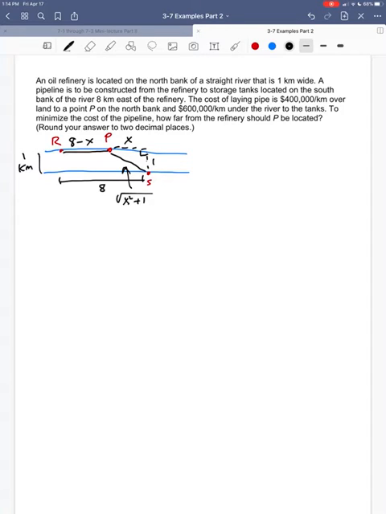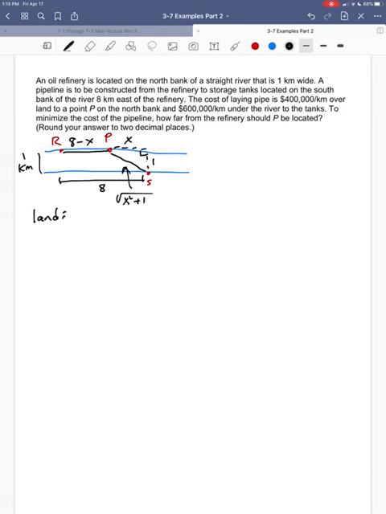So for my cost, the cost over land, well, first of all, it's $400,000 per kilometer. I'm just going to measure in hundreds of thousands of dollars, so I'm just going to call that 4. So over land along point P, it's 4 per kilometer, and the distance is 8 minus x.